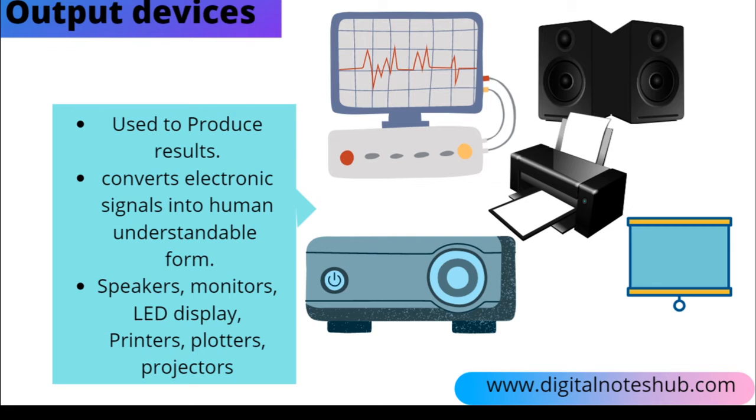So how can we get results from a computer? It's with the help of output devices. Some examples of output devices are speakers, monitors, LED display, printer, plotters, and projectors, as you can see in this picture.